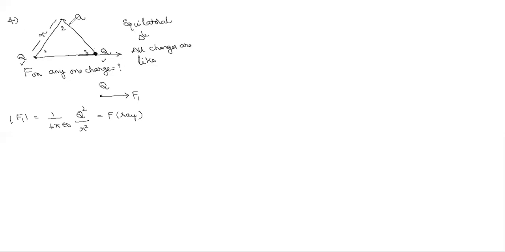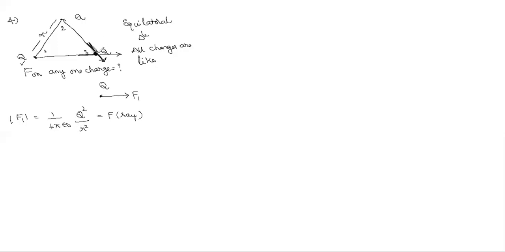Taking this charge, one more force is there between charges 2 and 3. That is F2, also along the line joining, again a repulsive force. Repulsive force means along this line, away from the two charges. Will you get it downward or upward? Upward, sir.